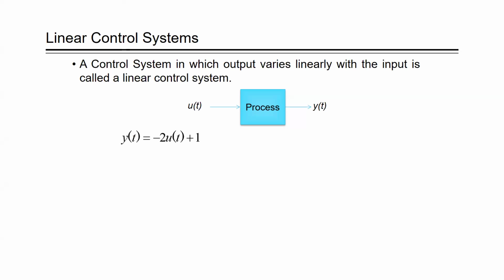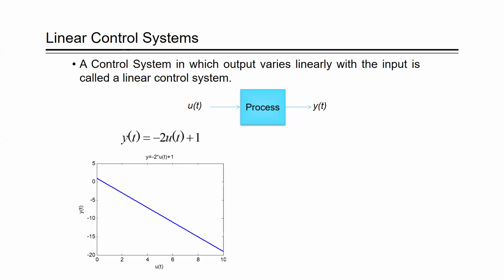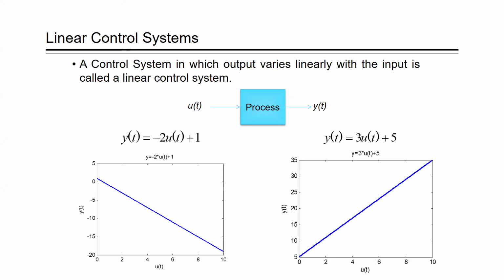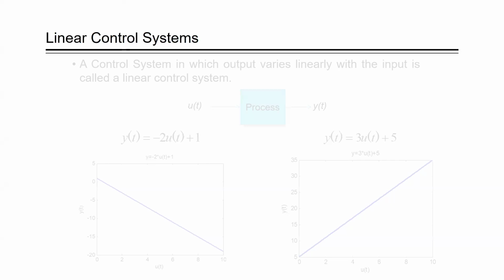So if you look at this equation, y of t is equal to minus 2u of t plus 1, and you plot this on a graph, you have a linear relationship. You can see it's a straight line. You have another example, y of t is equal to 3u of t plus 5. This also, when you plot it on a graph, you have a linear relationship. So that's what linear control systems are characterized by, that linear relationship.